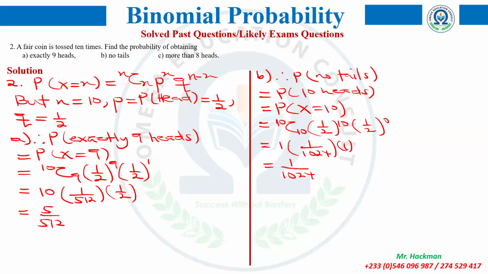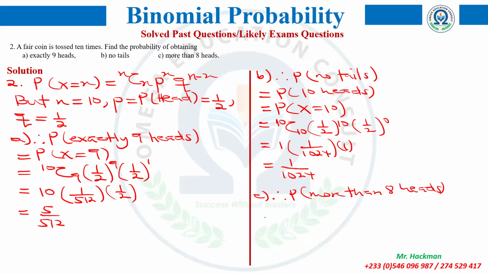Yes, please. So now the last but not the least, that will be the C. C, what are we looking at? Therefore, we are looking at P of more than 8 heads.